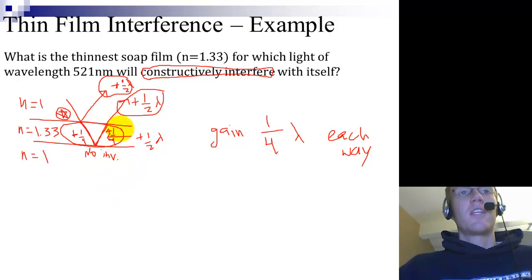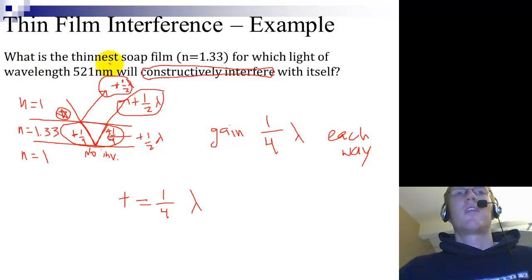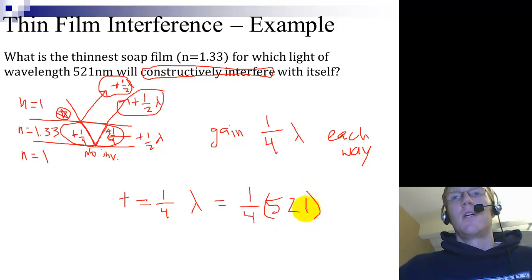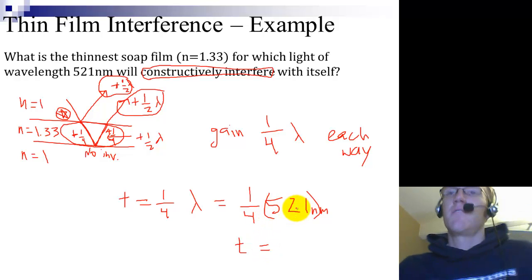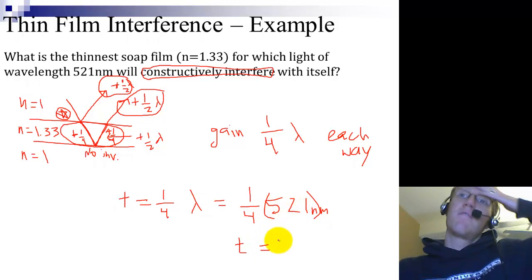Okay, so the thickness of this material should equal 1/4 of the wavelength. And the question is, what is the thinnest soap film for which the wave will constructively interfere? So that's going to be 1/4 of whatever 521 is, nanometers.